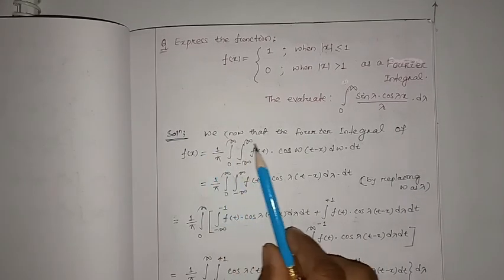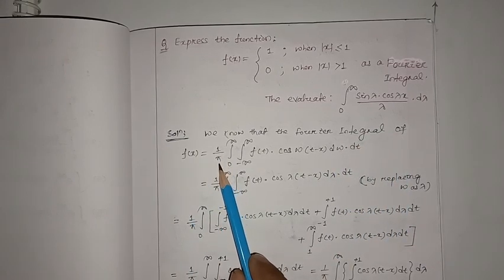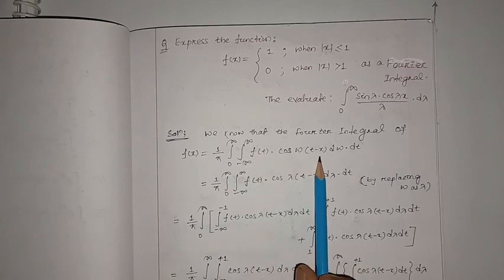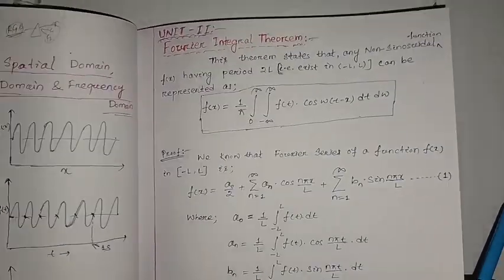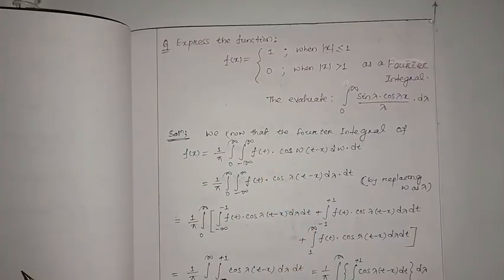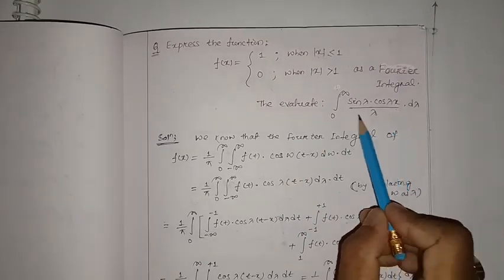So we know that the Fourier integral in general form of f of x is nothing but 1 by pi, 0 to infinity, minus infinity to plus infinity, f of t cos omega t minus x, d omega into dt, that we derived from our integral theorem. Here we replaced omega as lambda because we have to evaluate this integral.